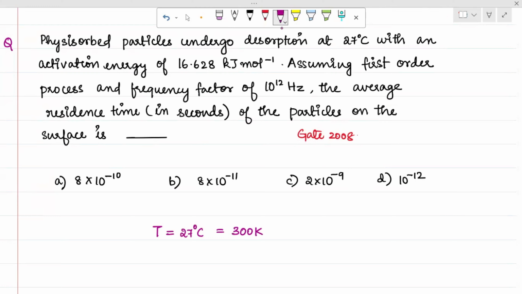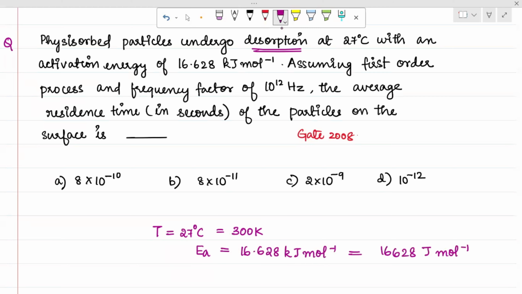The activation energy, so it undergoes desorption. So whatever energy is given will be associated with the desorption activation energy, and that is 16.628 kilojoules per mole. So if I have to convert it to joules per mole, into 1000, this is 16,628 joules per mole.